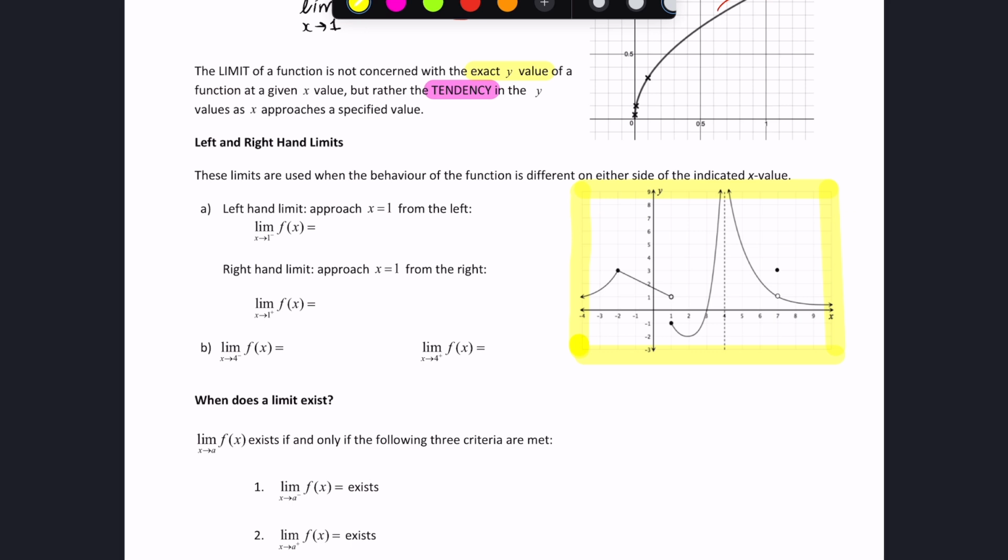When we're writing our notation for limits, anytime you have a value with a negative sign, that means it approaches from the left. So here we have 1 minus, which means that it approaches from the left. Anytime you see a positive value, so 1 plus, this means that it approaches from the right.